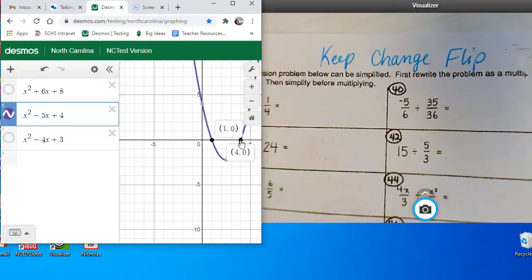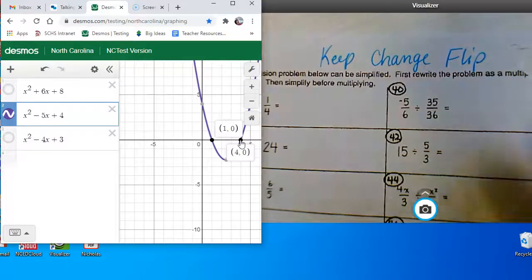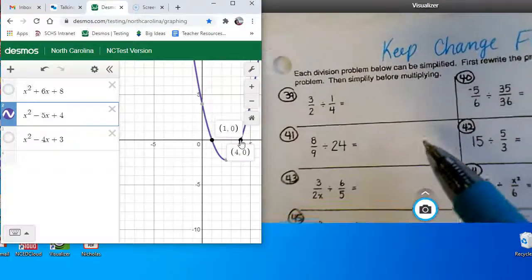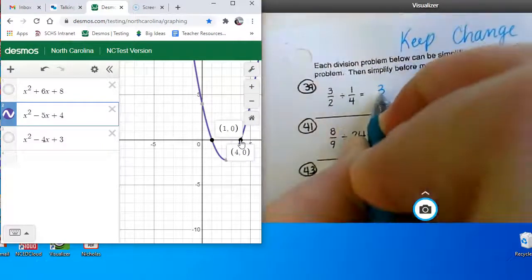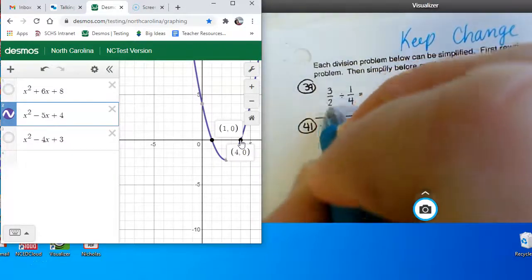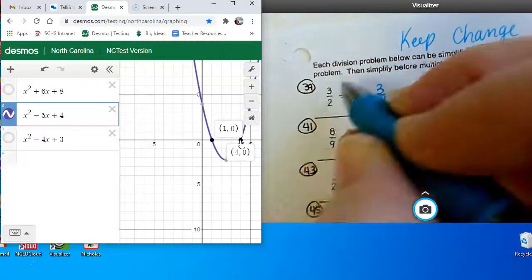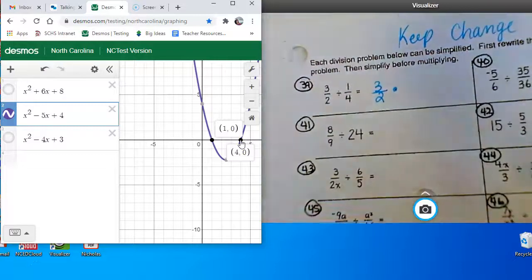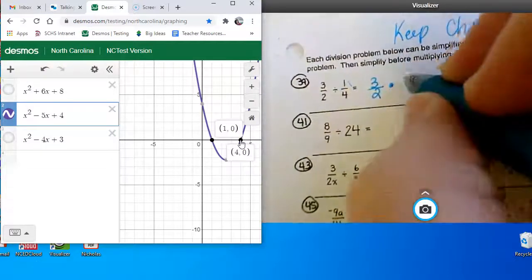When you're multiplying, you don't have to change anything, but when you're dividing, you do. I want to show you with a couple problems that are numbers first, and then we'll go to problems that have x's with them. So looking at number 1, or 39, what that meant was you keep the first fraction, you change the divided to times, and you flip the second fraction.